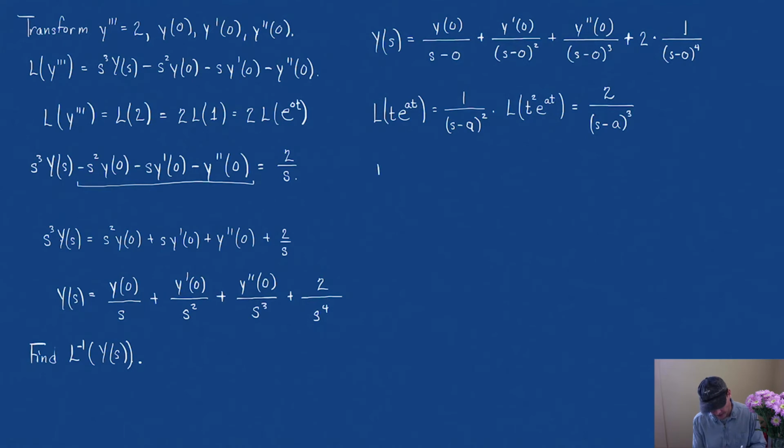And finally, the Laplace transform of t cubed e to the at was equal to 6 over s minus a to the 4th power. And it's those that we're going to need to use.